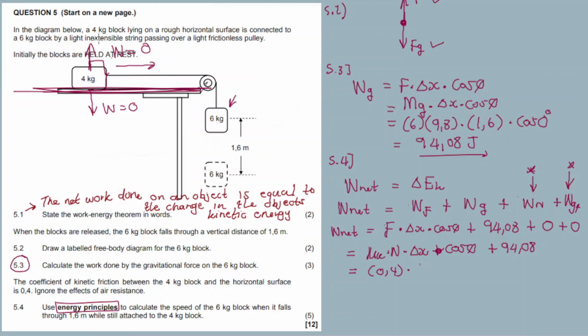Also the normal force N for the 4 kg block is equal to mg, or the weight. So mass times 9,8 times what's delta x for the 4 kg block? It's 1,6.